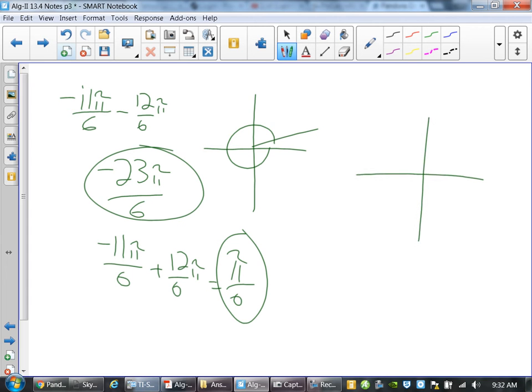If you think about it, I'm going to go positive just because it might be easier to see. This would be 6 pi over 6, 1 pi. And then this would be 9 pi over 6, 1.5 pi. 12 pi over 6 would be all the way up, so it's off. Oh, okay. That's the idea. You're trying to break it into easier chunks. Okay. All right.